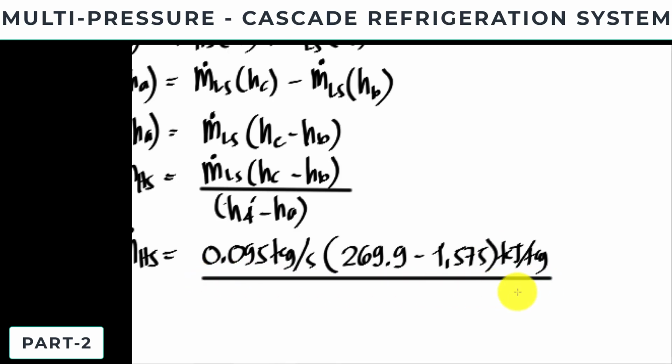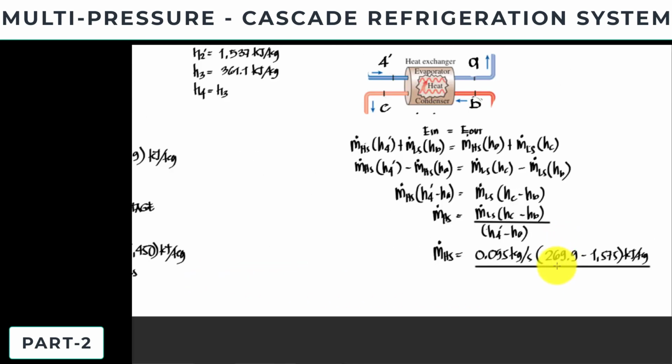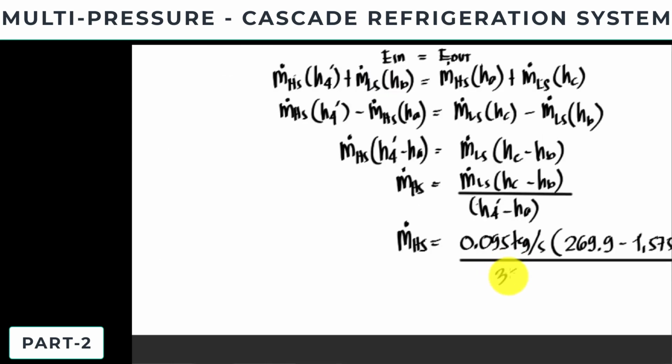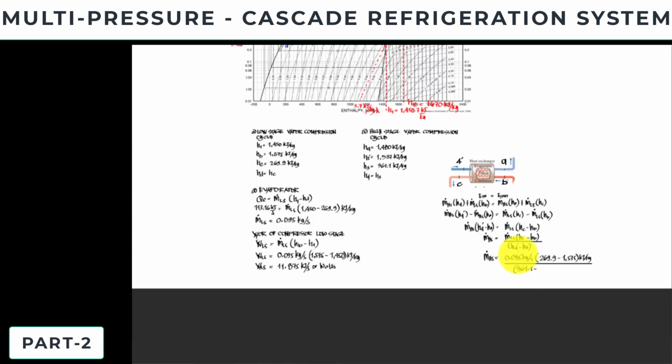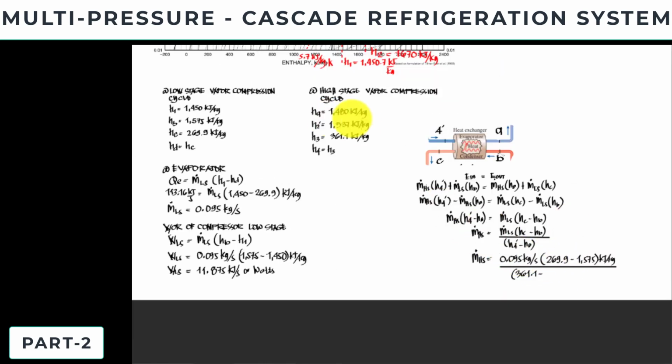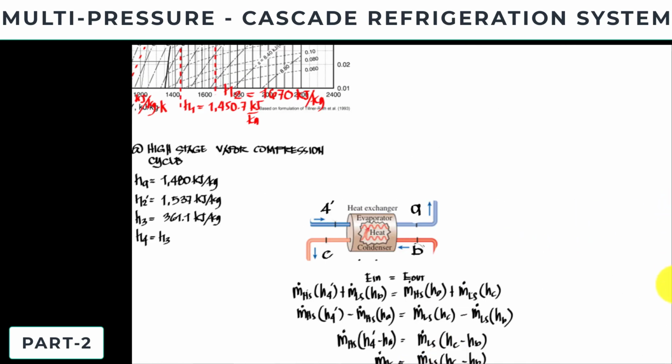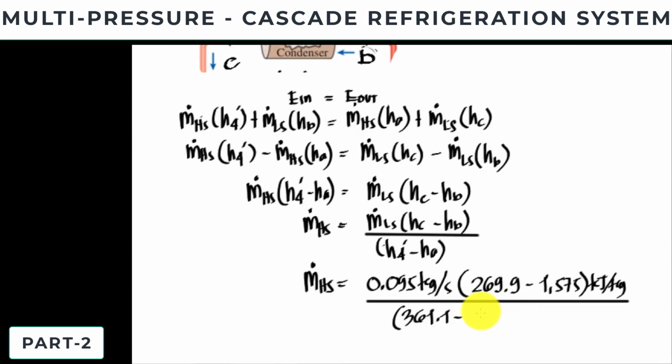And this is all divided by enthalpy 4 prime, which is 361.1, minus the value of enthalpy A, 1,480 kilojoule per kilogram.